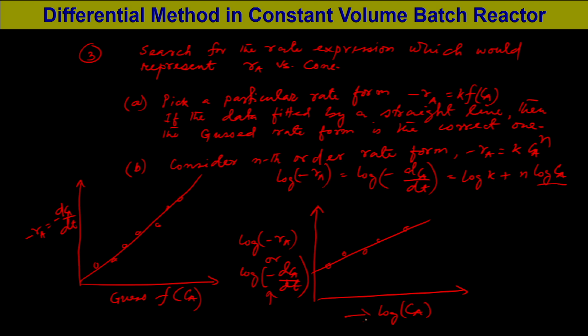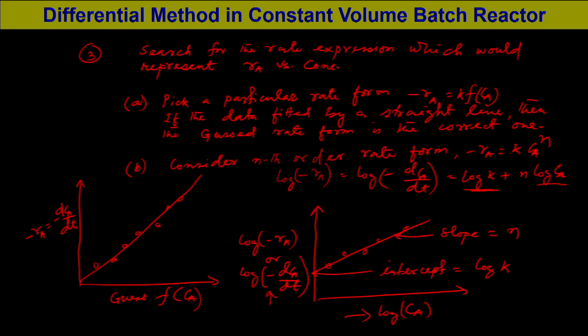So, there will be an intercept and the intercept is log k, and the slope of this will give the order of the reaction n. So, from slope we can calculate order of the reaction and then we can calculate the rate form.